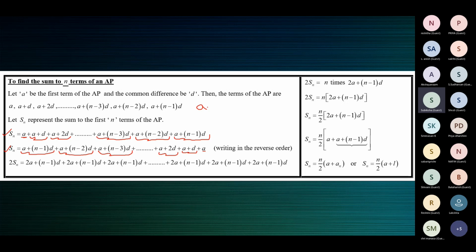We're adding the first term here and the first term here: A plus A plus (n minus 1) into d. A plus A is 2A, so that'll be 2A plus (n minus 1) into d. So that's what you see here. When you add the first term here and the first term here, you get 2A plus (n minus 1) into d.